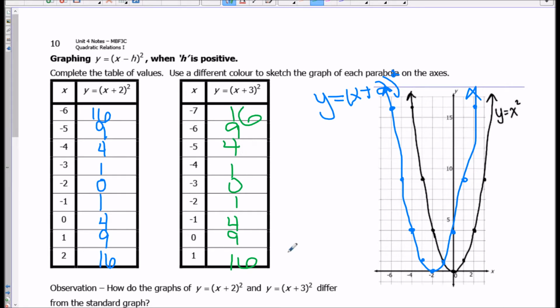So once we have all of these numbers filled in, we can just go ahead and graph out all of those coordinates right here. So -7, 16 means I'm going to go to the left 7 and up 16. -6, 9 means I'm going to go to the left 6 and up 9. So on and so forth. As always, you can pause the video if you need a moment to catch up.